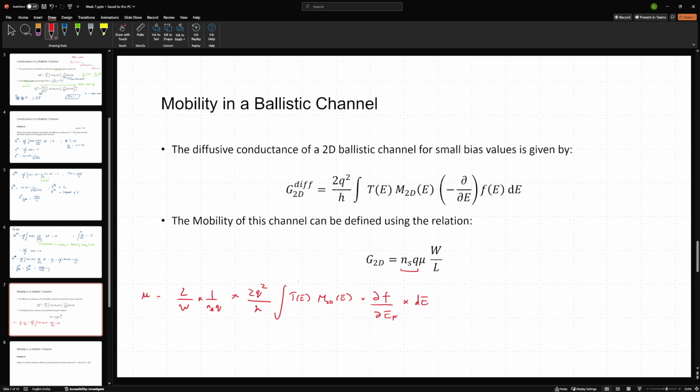So this quantity is now the generalization of the mobility in the Landauer model. This is the Landauer model analog of mobility.